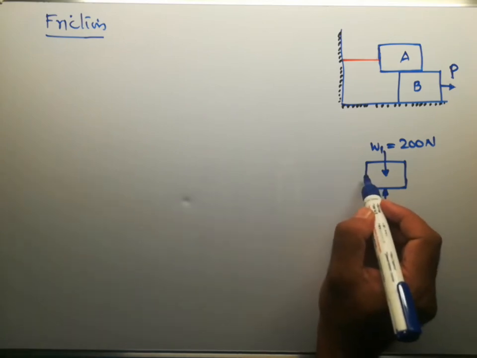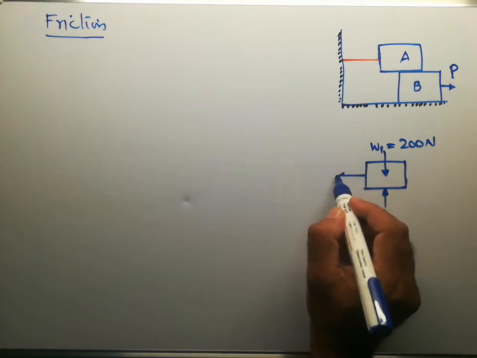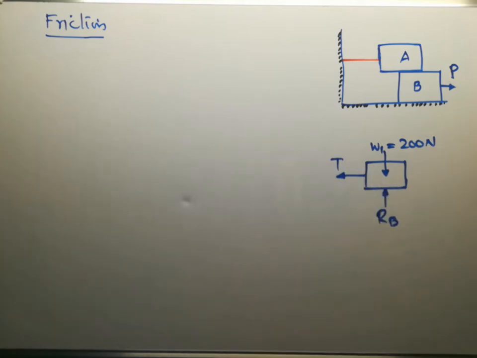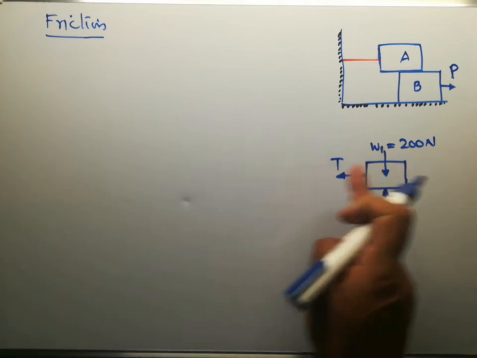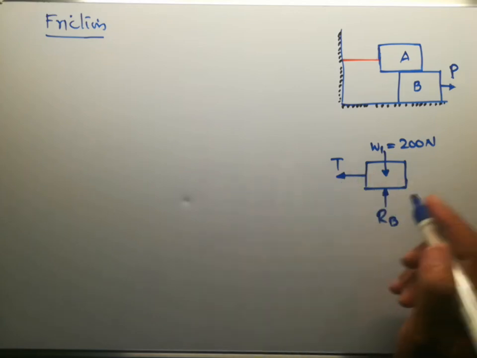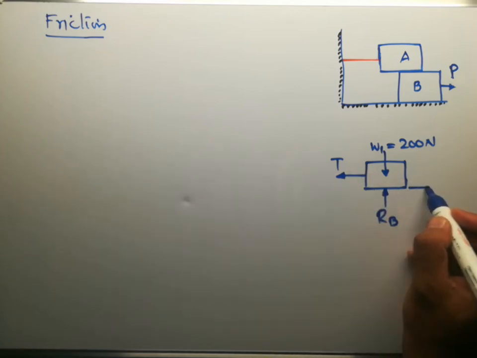Then the tension T in this string in this direction, and as this body will have a tendency to move in this direction, the frictional force will be like this.